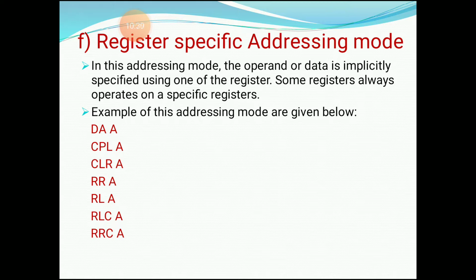Examples of this addressing mode are given below: DA A, CPL A, CLR A, RR A, RL A, RLC A, RRC A. These instructions perform the operations on the accumulator value. After the operation, the result will be stored into the accumulator directly. So these instructions can use only the specific register called the accumulator.